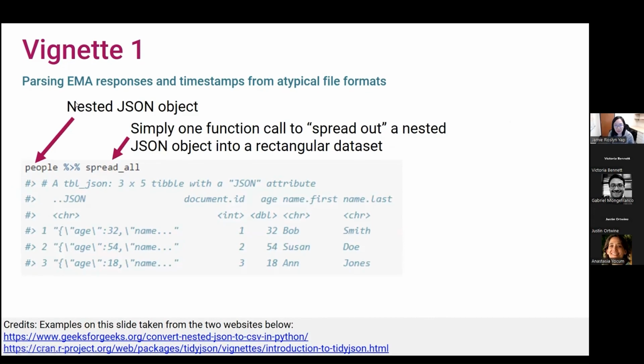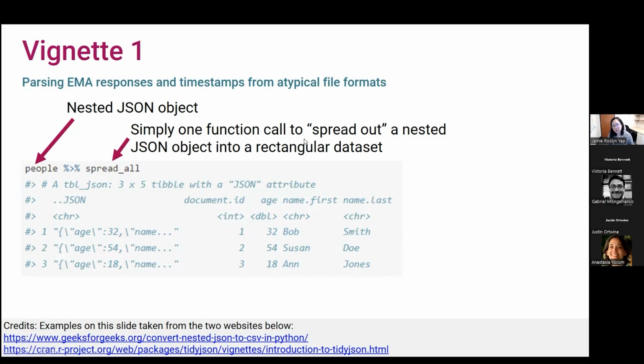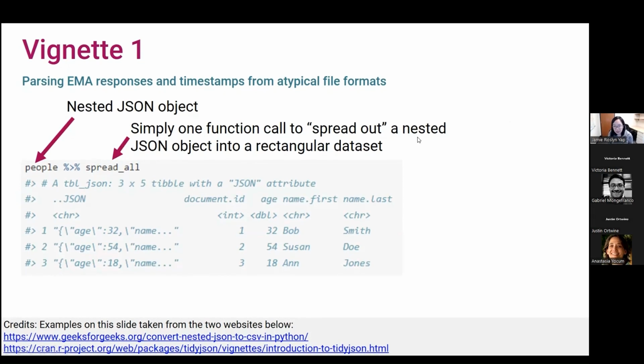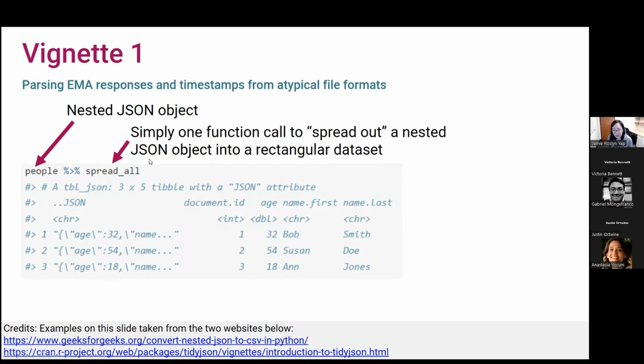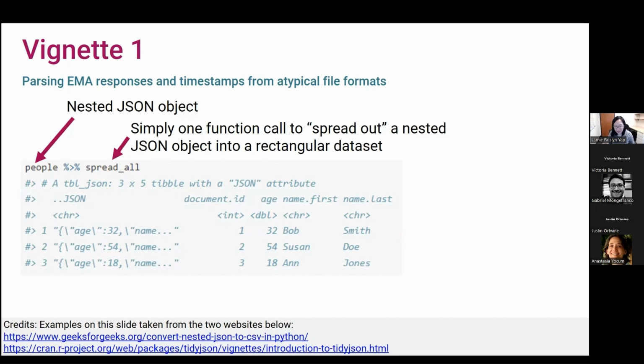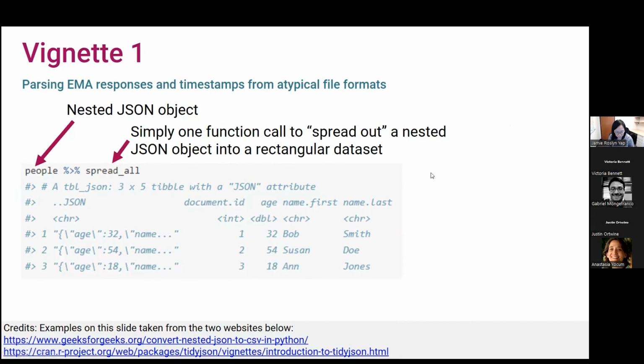It takes in a nested JSON object, and by simply calling one function called spread_all, it produces a rectangular data set, which your typical statistical software can easily recognize and work with.